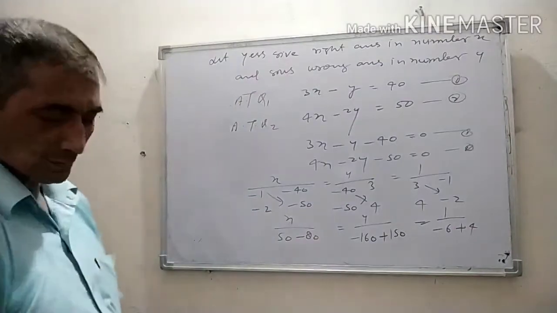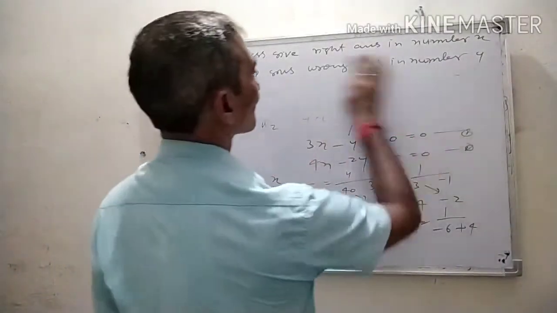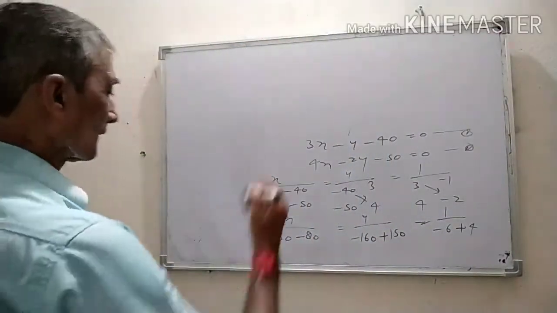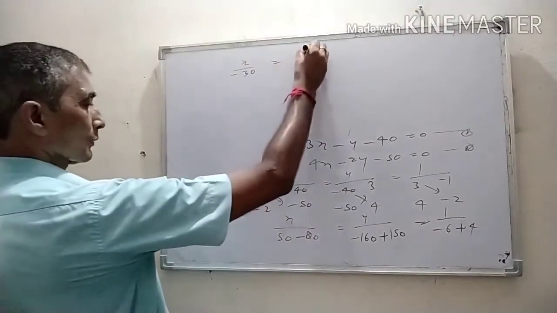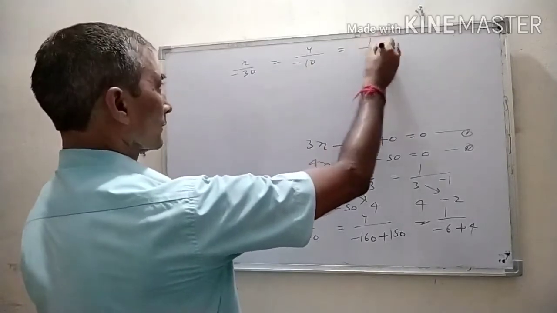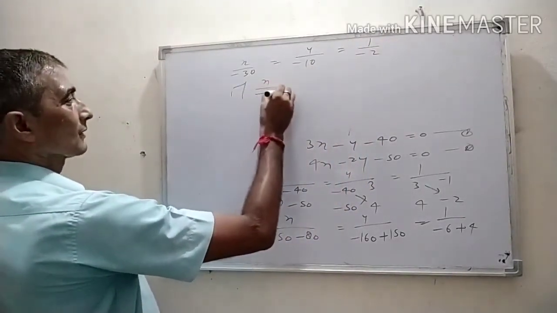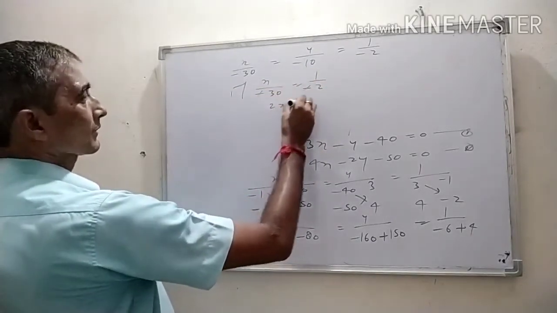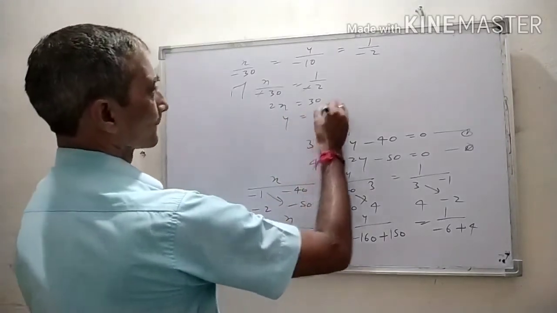Finally, your calculation goes this way: x by minus 30 equal to y upon minus 10 equal to 1 upon minus 2. If x upon minus 30 equal to 1 upon minus 2, then 2x equal to 30. Now x is equal to 15.